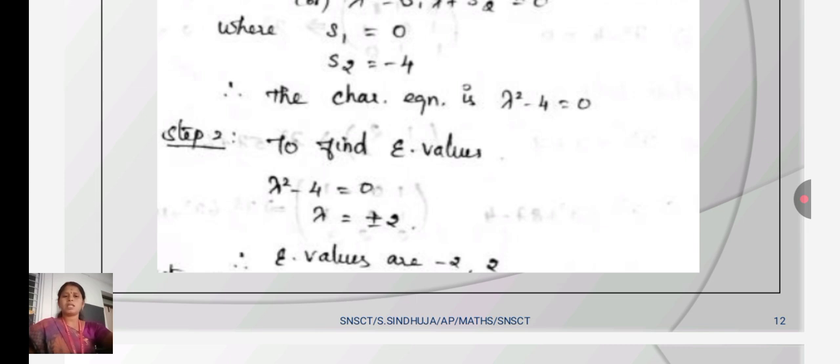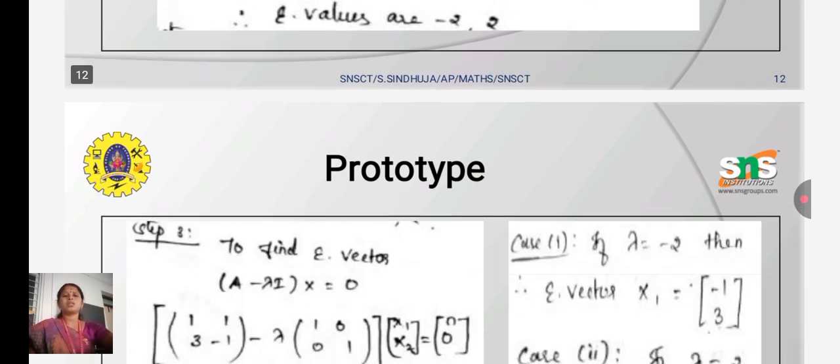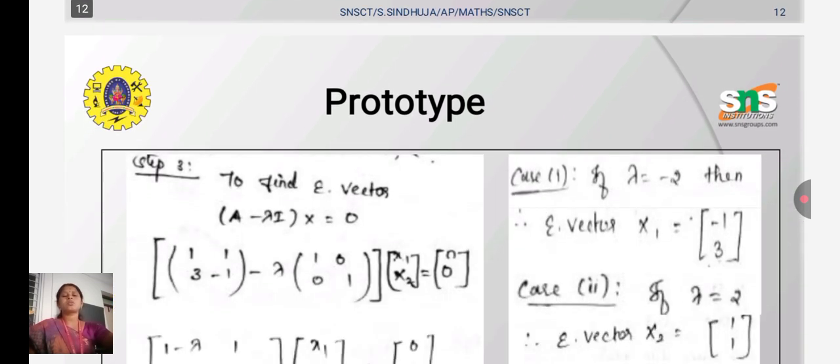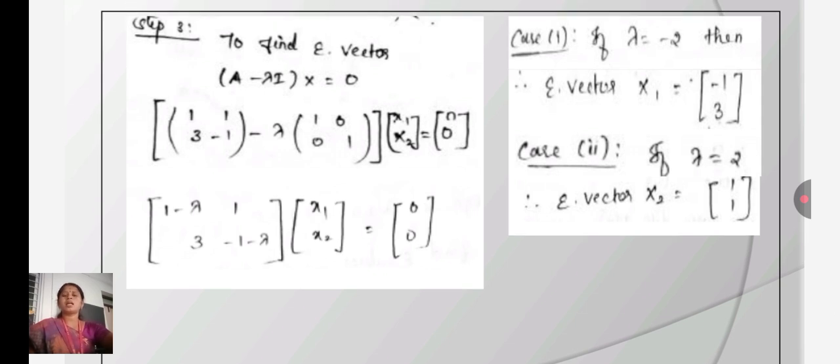Since it is a quadratic equation, we get two roots. The roots are named eigenvalues, which comes under step 2. So step 2 is finding the eigenvalues. Lambda square minus 4 equal to 0 has the roots minus 2 and 2, which are the eigenvalues. Step 3 is finding the eigenvectors with the help of the formula A minus lambda I into X equal to 0.